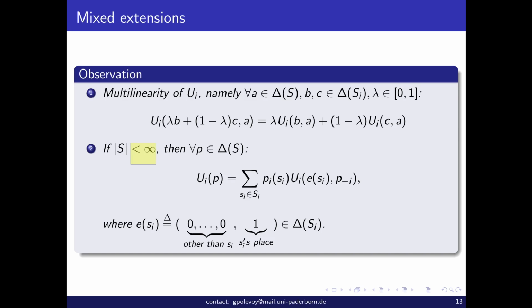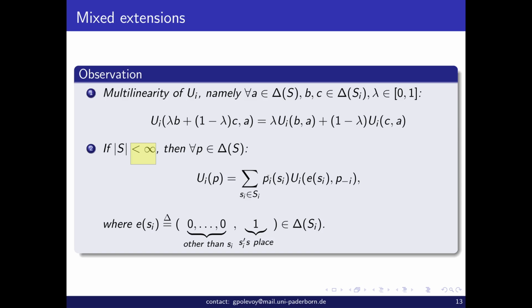And the second property is that for a finite game, we also can represent the utility of any mixed strategy profile P as a sum of the following form. For any player i, we look at what the others do, P minus i.